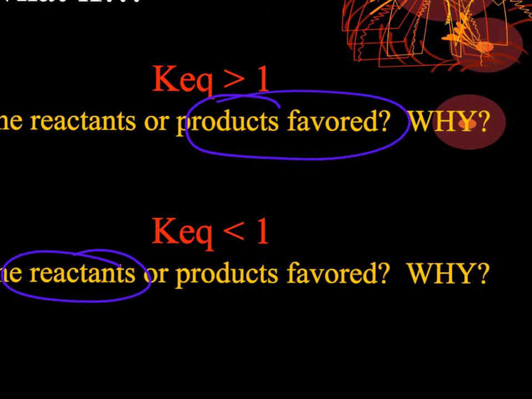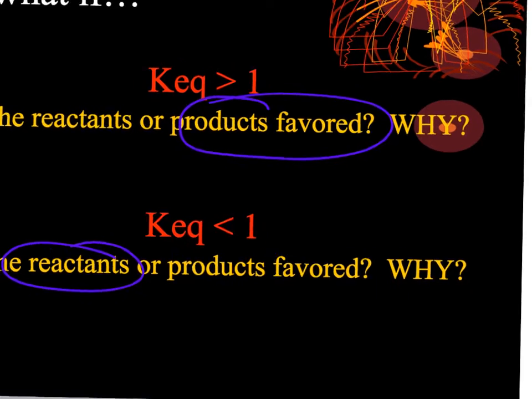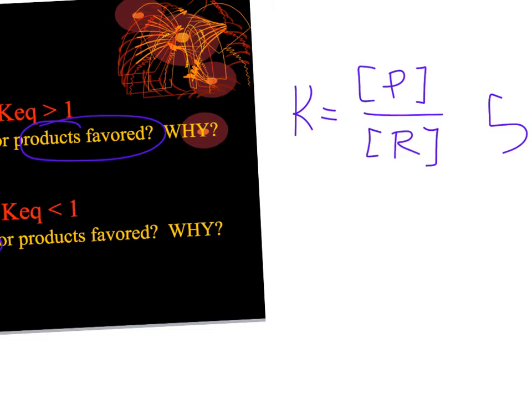You're going to say, if KEQ is greater than 1, are the reactants or products favored? The arrow's pointing that way, and that's the product side. That's another way to think of it. But what I need you guys to actually grasp is this.